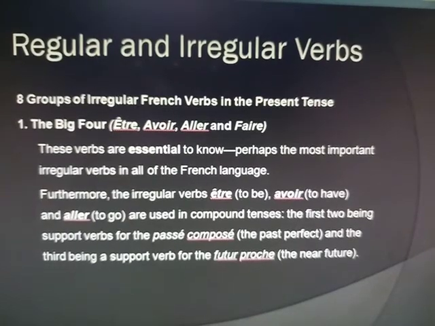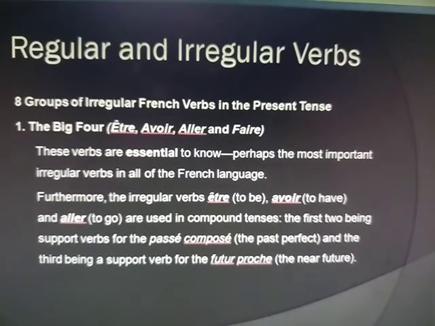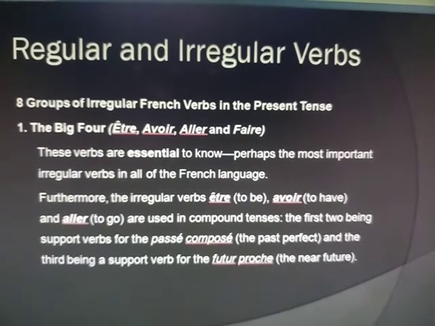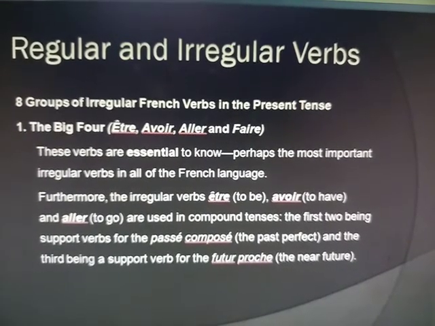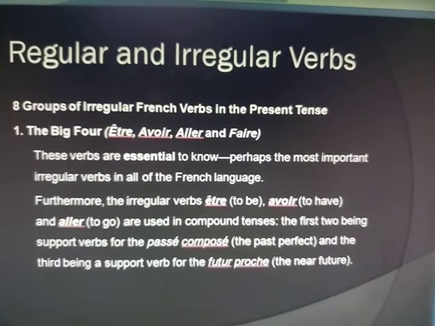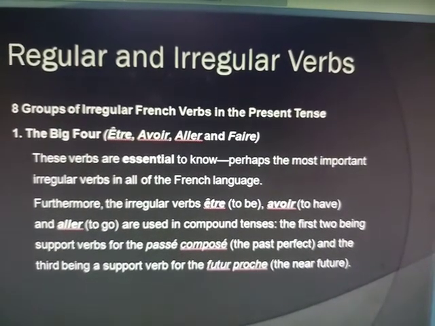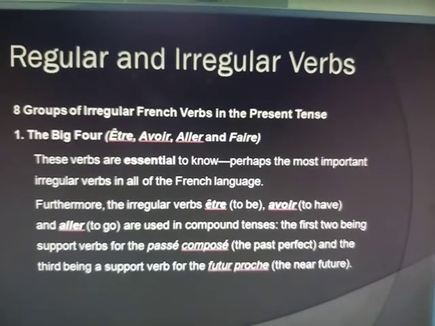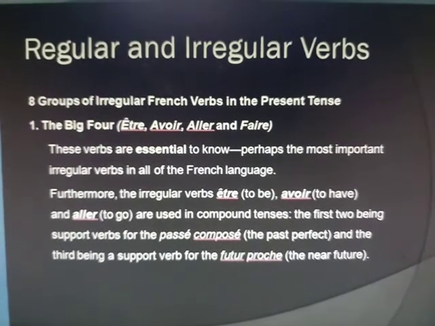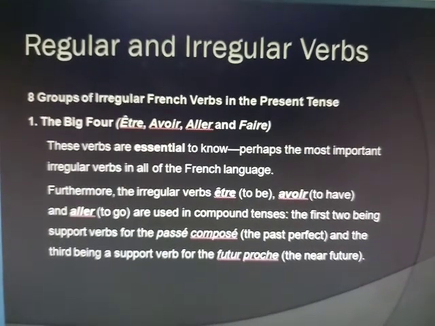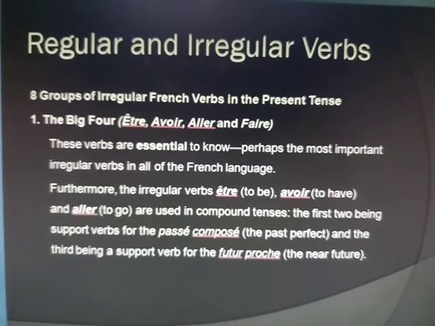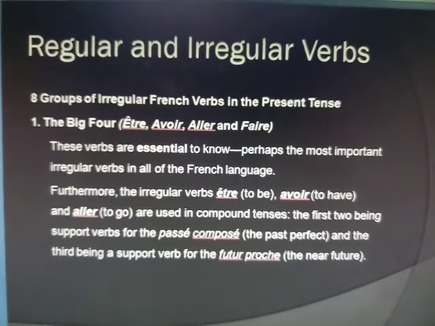The first 2, être and avoir, are used as auxiliaries or support verbs for the passé composé, and the third, aller, is used as an auxiliary or support verb for the futur proche, the near future. The conjugation of these verbs are highly irregular and they have to be memorized and learnt by heart.